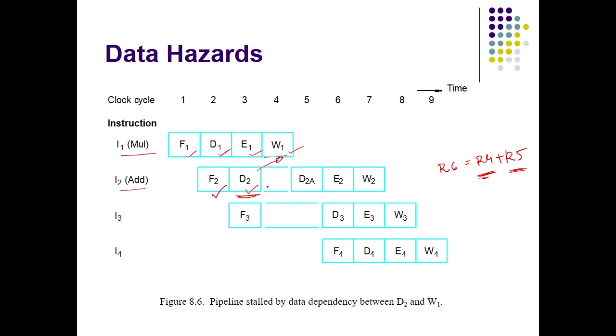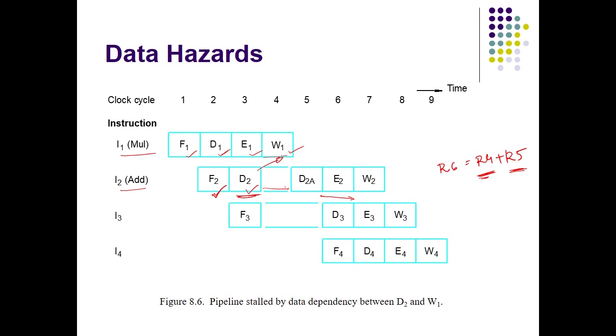Once R4 is written by the previous instruction, that is the multiplication, only then will it fetch the R4 value again, from the register within the processor, just before the ALU. After that, execution will continue.